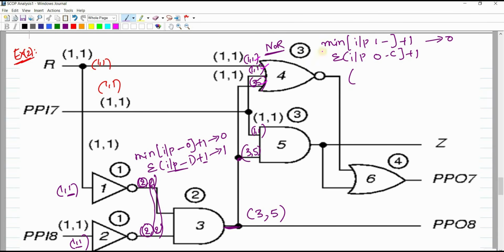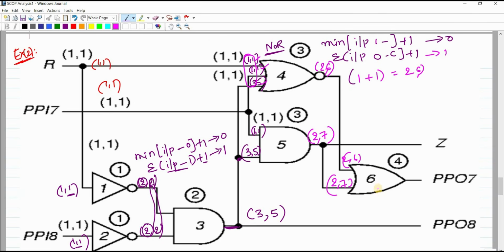What is the minimum? 1 only. 1 plus 1, 2. Okay, 2. Next, for 1 controllability, the formula is sum of input 0 controllabilities. Input 0 controllabilities are 1, 1 and 3. 1 plus 1 plus 3, 3, 4, 5. 5 plus 1, 6. So 2, 6 is the combinational 0 and 1 controllability of the NOR gate. So here it is 2, 6. If 1, 1, 3, 5 are the combinational 0 and 1 controllabilities, since it is a NOT gate, so it is a simple AND gate, we can get 2, 7.